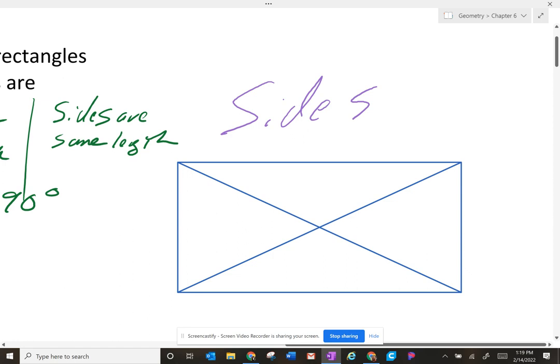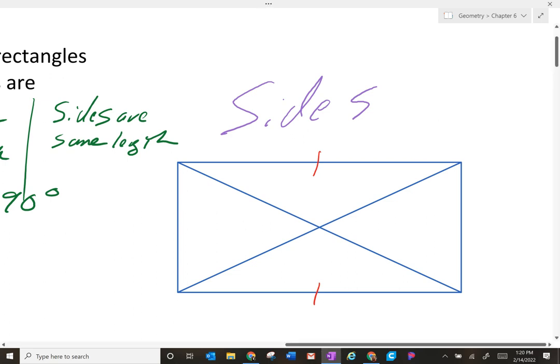So here's my picture of a rectangle, and I'm just going to mark the sides. Okay, to go with what Delaney said, the top and the bottom are going to be the exact same length.